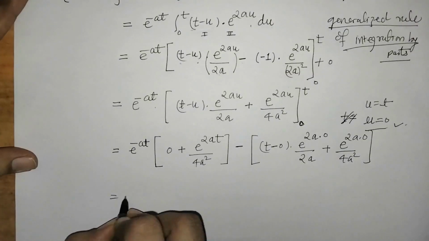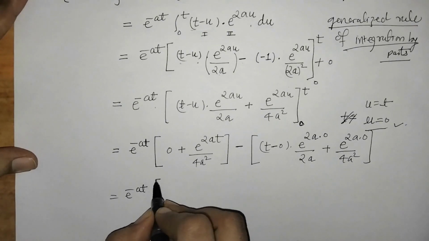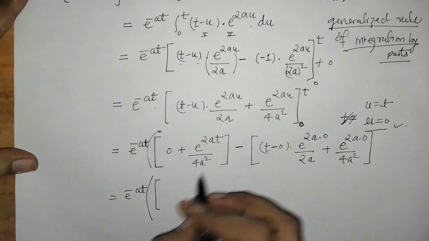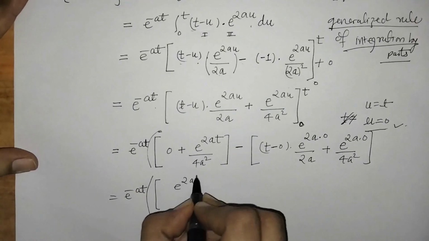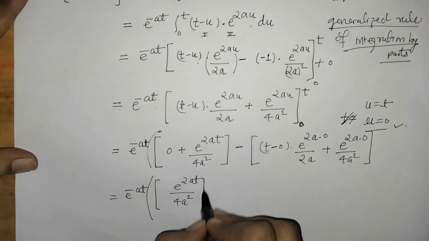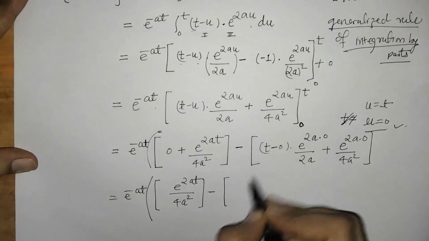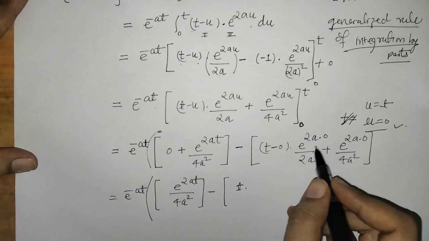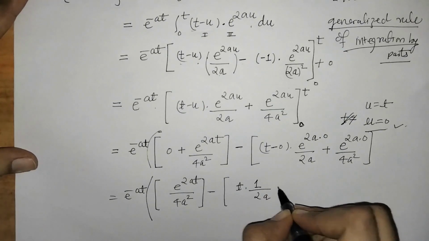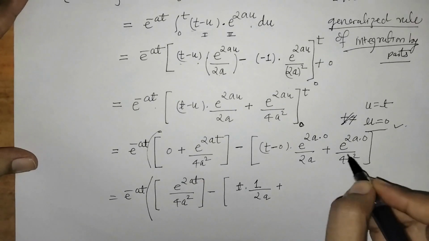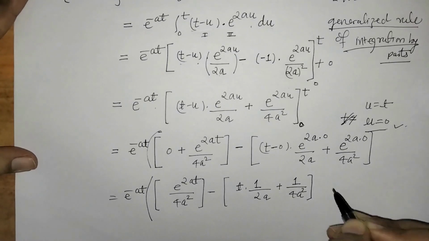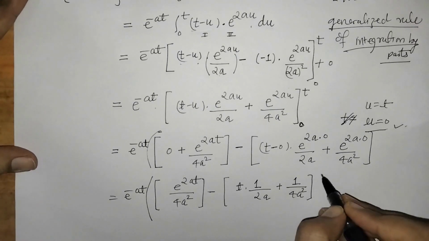So here we have e raised to minus at, this is for the complete expression, e raised to 2at upon 4a square. Now on simplification, this is t into, now e raised to 0 is 1, upon 2a, and same here e raised to 0 is 1 upon 4a square.